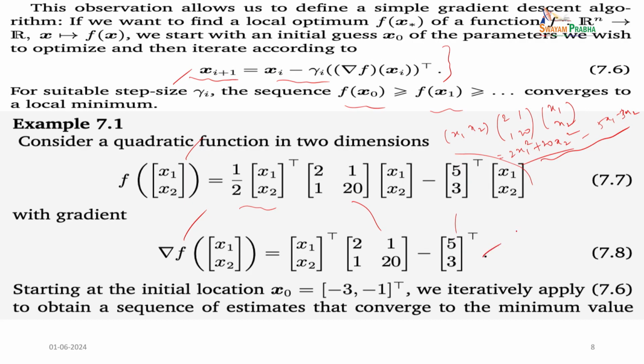After solving equation 7.8, we have the values x naught equal to minus 3, minus 1 as a solution to the problem. Now, take 7.6 and substitute i equal to 1, 2, 3 and so on, because you have x naught, and substituting into equation 7.6, you get the solutions iteratively.